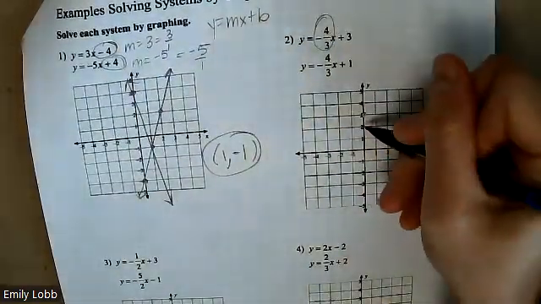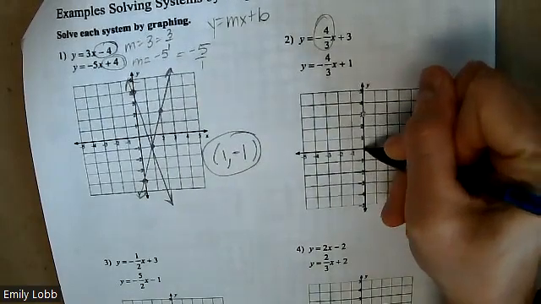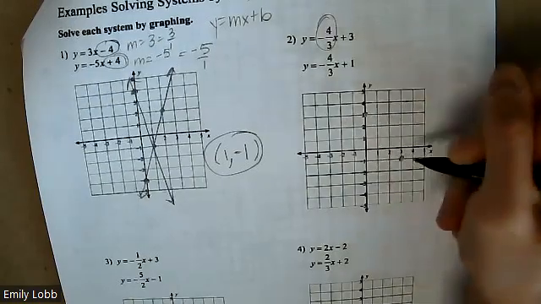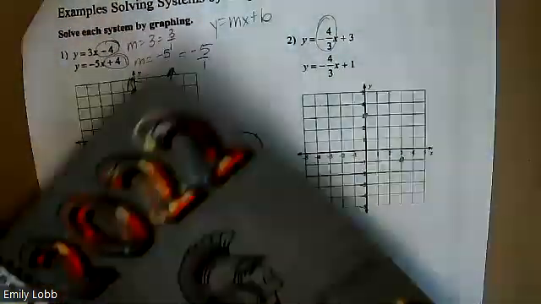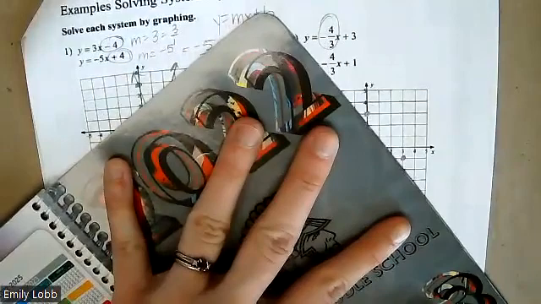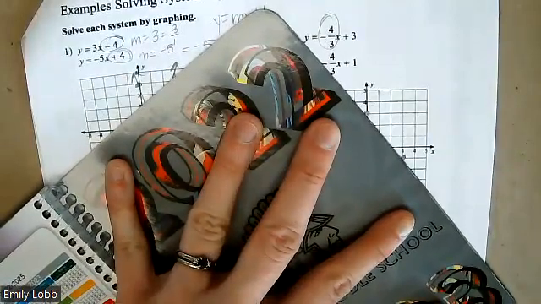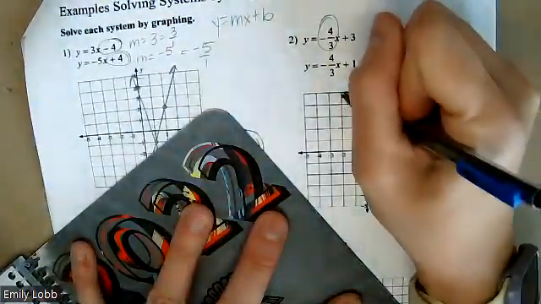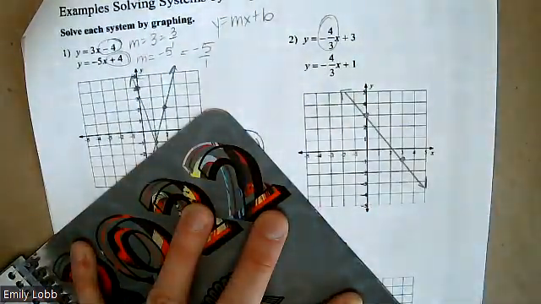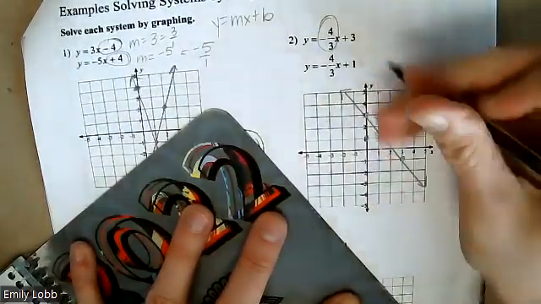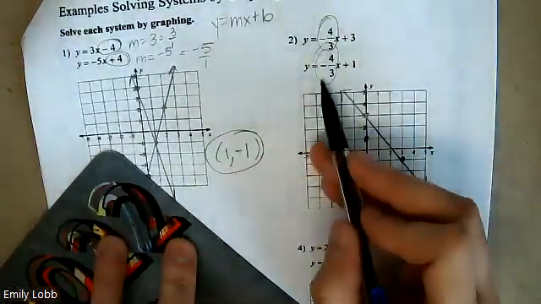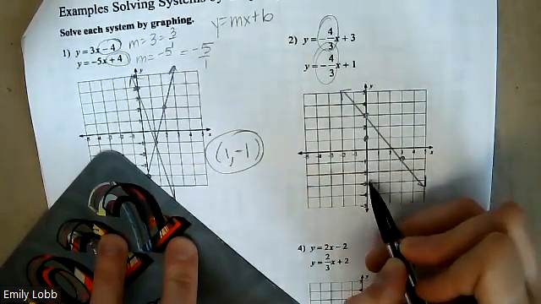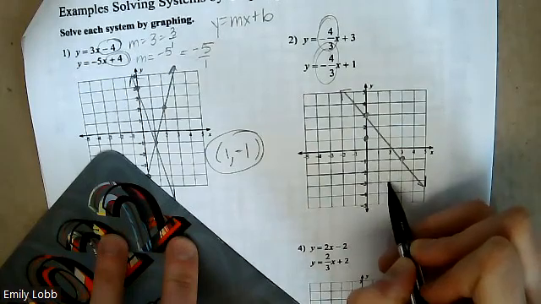Here's my slope. I'm going down 4, 1, 2, 3, 4 over 3. Any 2 points allow me to make a line. Here, I'm at 1. My slope is -4/3, so I'm going down 4 over 3.